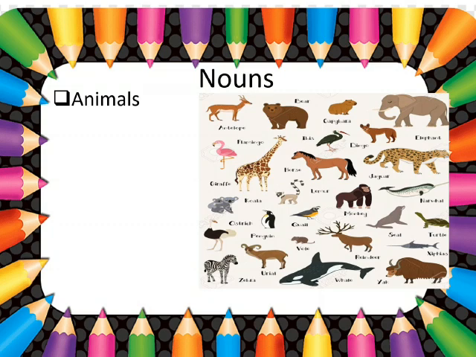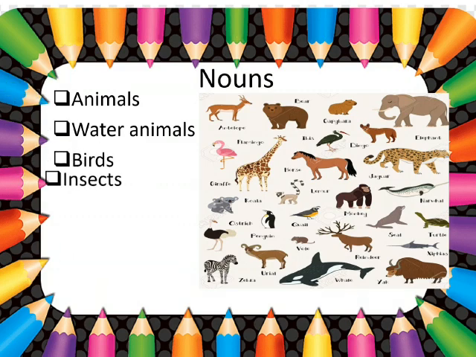Nouns of animals also include water animals like fish, octopus, jellyfish and so on. Next is birds. All the beautiful birds like crow, parrot, peacock come under the nouns of animals. The insects like spider, ant, mosquitoes, flies, all these are also nouns.